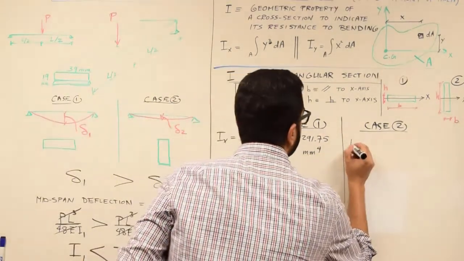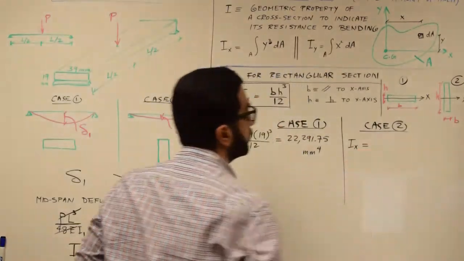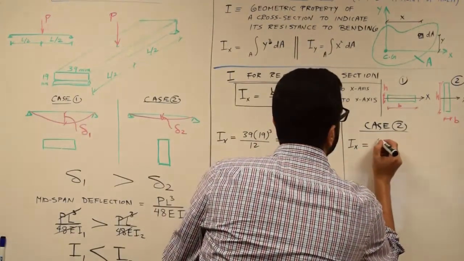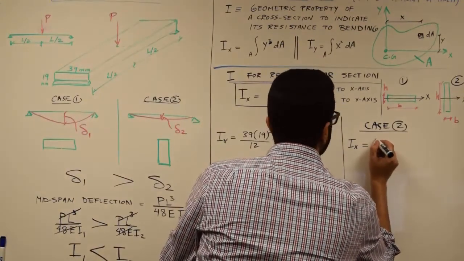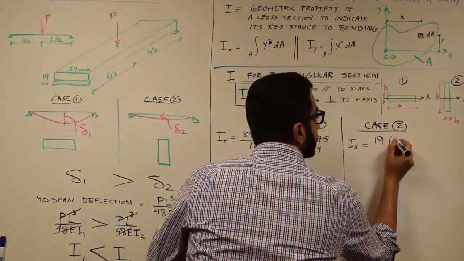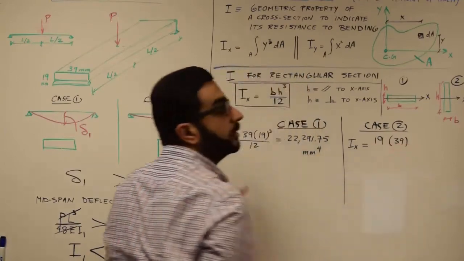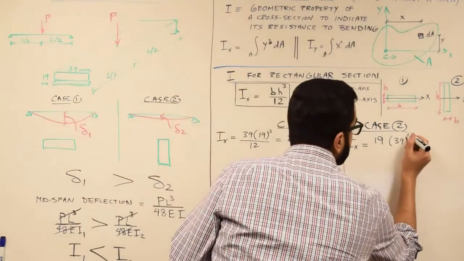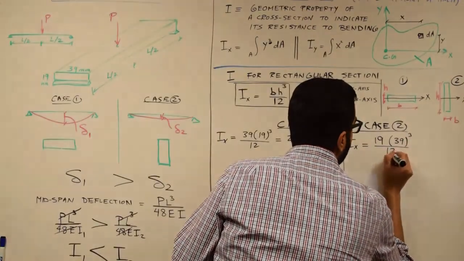For the second case, I'm still dealing with Ix because I'm dealing with the x-axis in both cases. So now I'm flipping b and h. Changing, b will be 19 millimeters, now dealing with the longer dimension in the h, which is 39 to the power 3 divided by 12.